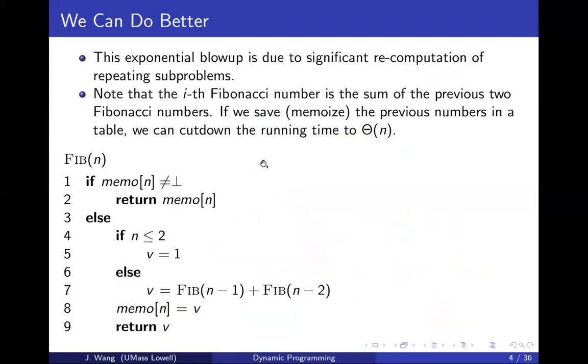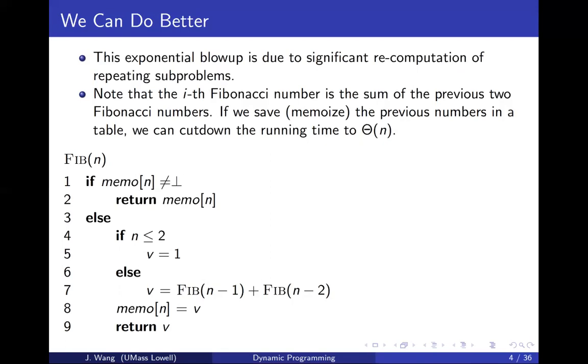So then we want to know whether we can do better. Well, it turns out, yes, we can do better. The reason we can do better is that this exponential blow up we just saw is due to significant recomputation of repeating subproblems. There are many subproblems that are repeated, as we saw earlier.